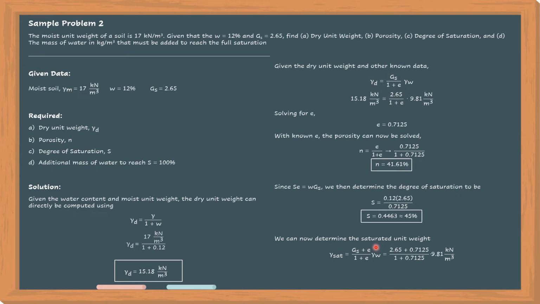Okay, kung moist unit weight lang, so ang degree of saturation natin is 45%. Okay, so the saturated unit weight is equal to 19.26 kilonewton per cubic meter.